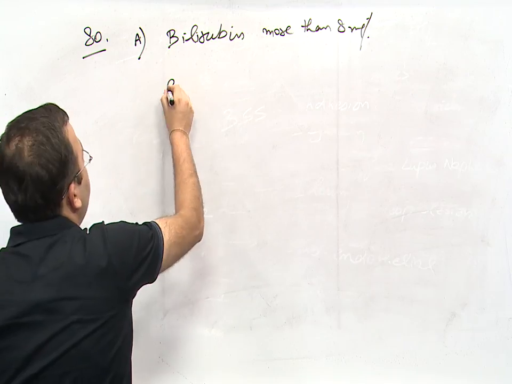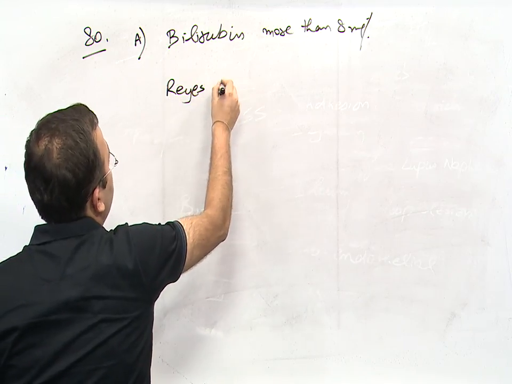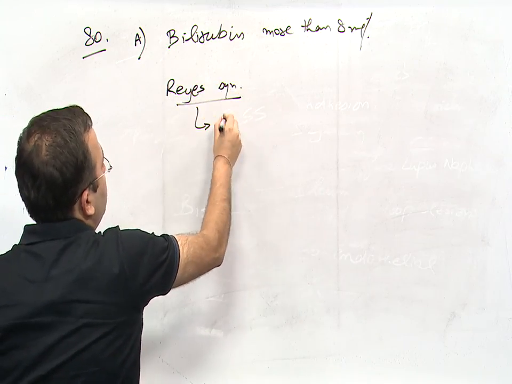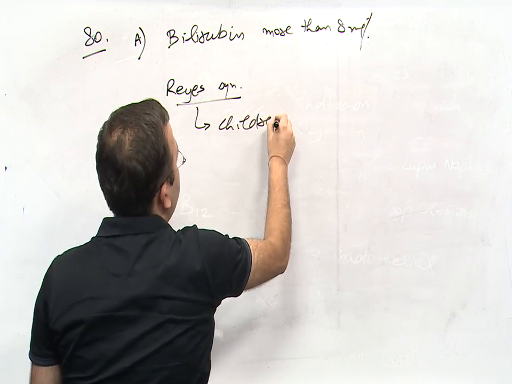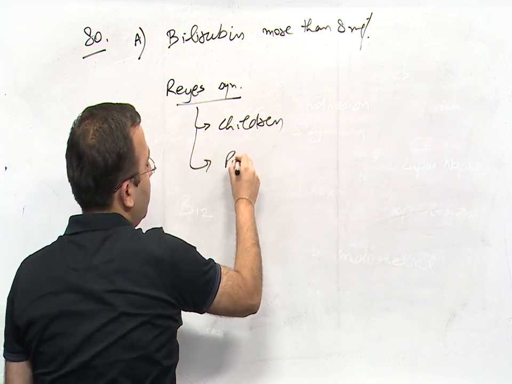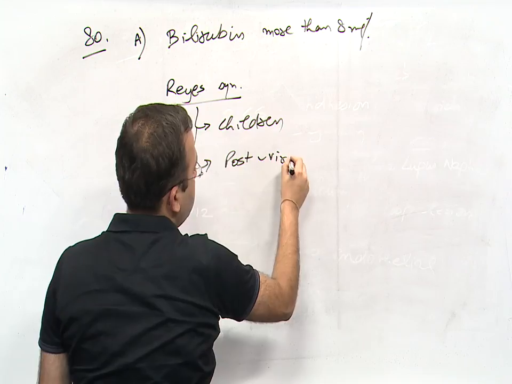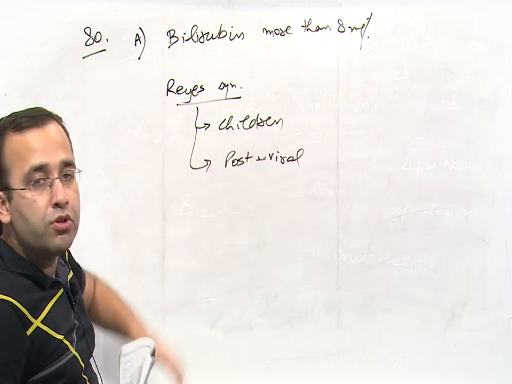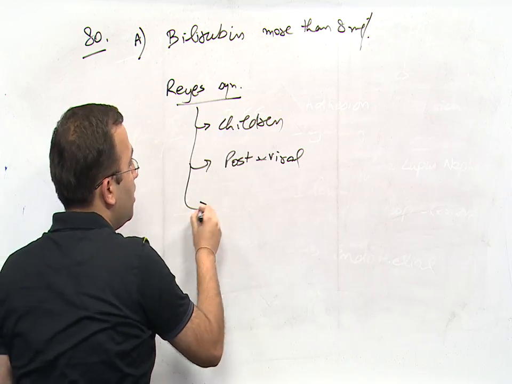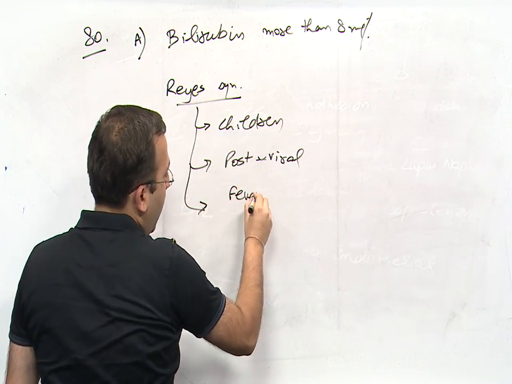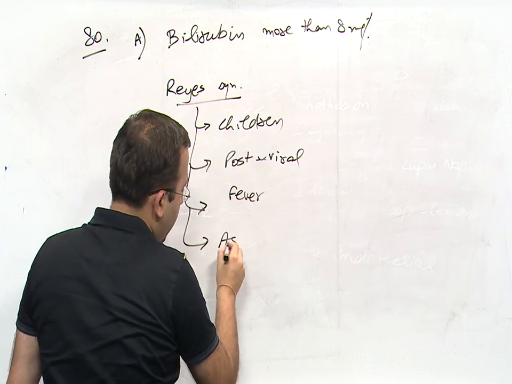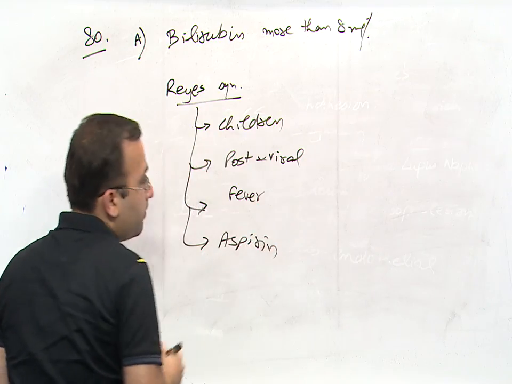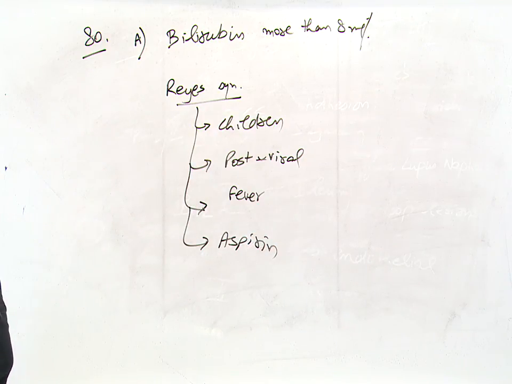Let us see a few points with Reye syndrome. It is usually seen in children after viral infections, fever, and after aspirin therapy. So Reye syndrome: children, fever, viral infections.